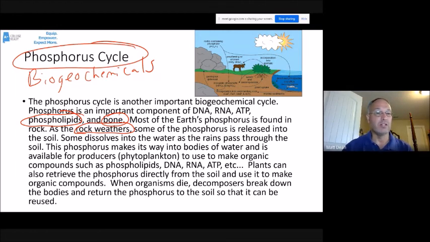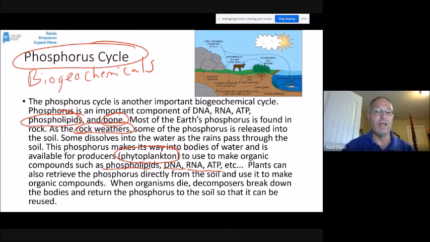Eventually, it makes it either into bodies of water or into the soil itself, and it's made available to plants or to phytoplankton in the water. These then use it to make organic molecules, things like phospholipids, DNA, RNA, ATP. So the phytoplankton and the plants get their phosphorus directly from either the water or from the soil.